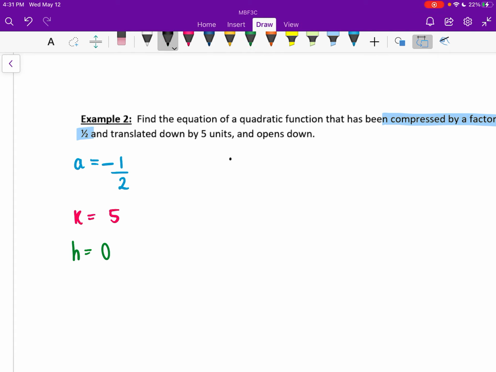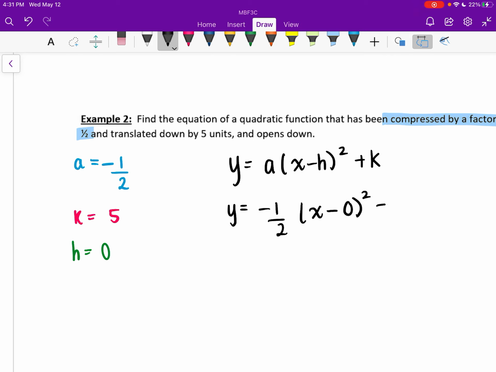So, same thing. We go back to our original formula, y is equal to a(x minus h) squared plus k, and let's sub in what we know. We don't know y. We know negative 1/2 is A. I know h is 0, so I'm just going to write minus 0 plus k, which is 5.